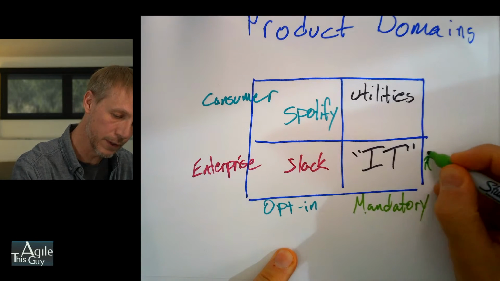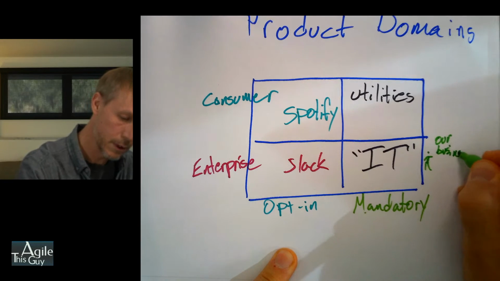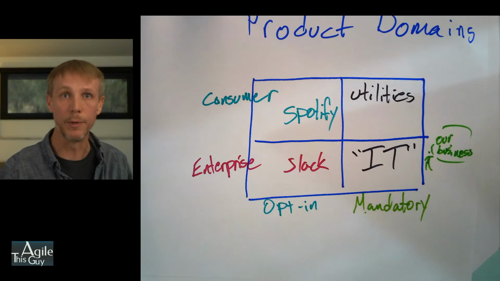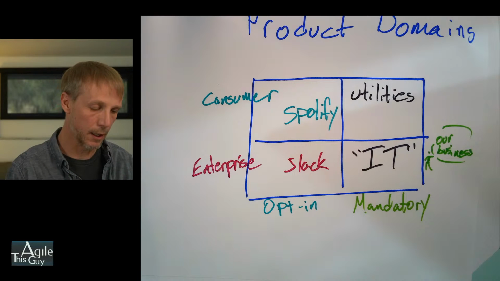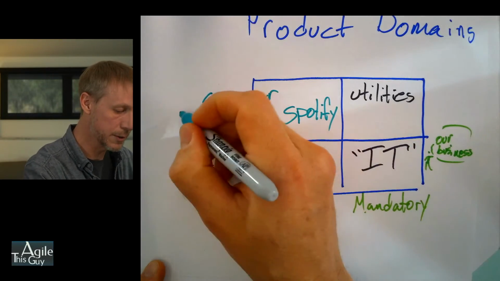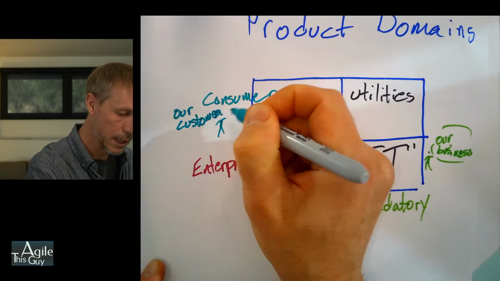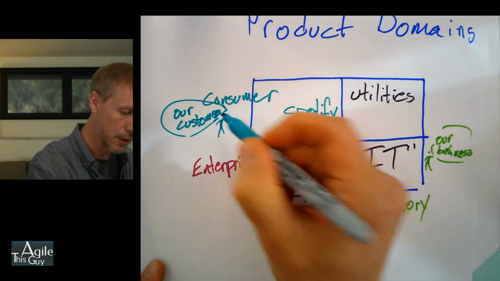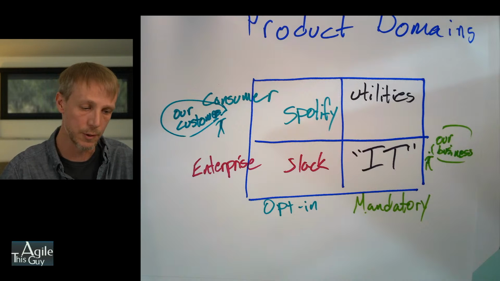A lot of people over here talk about our business, and these internal kinds of customers might be our business, or as a product owner, you might be part of that business. And over here, a lot of the language, instead of our business, is about our customers. And inside product organizations, they usually really understand who is buying that product, who is using it.